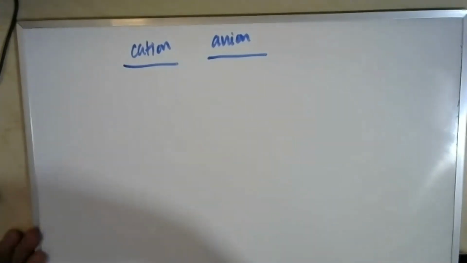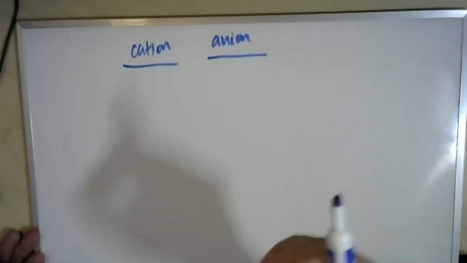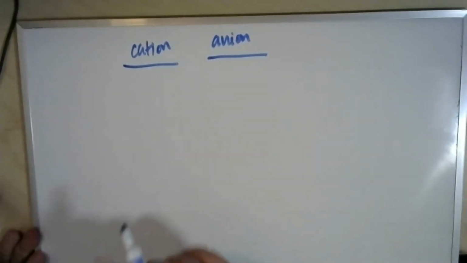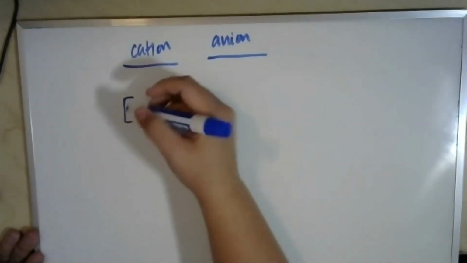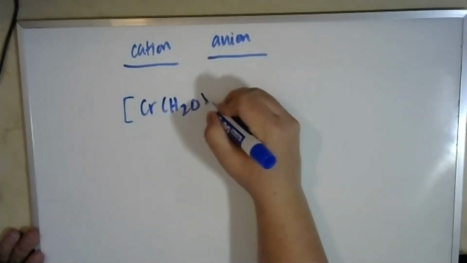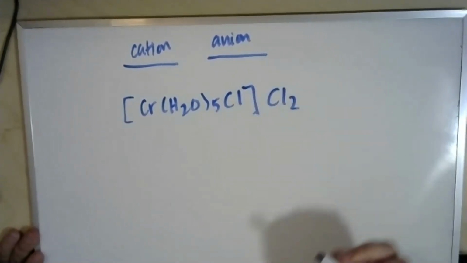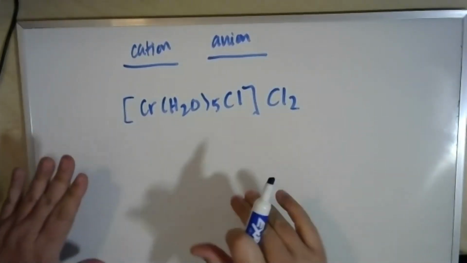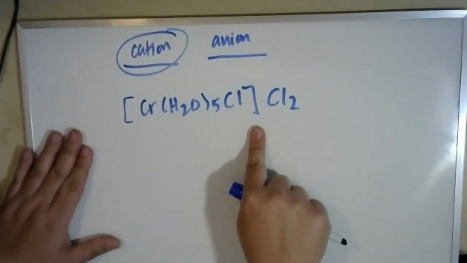Okay? And whether your complex ion is your cation or anion changes how you name it. So one of the examples that we have here is [Cr(H2O)5Cl]Cl2.